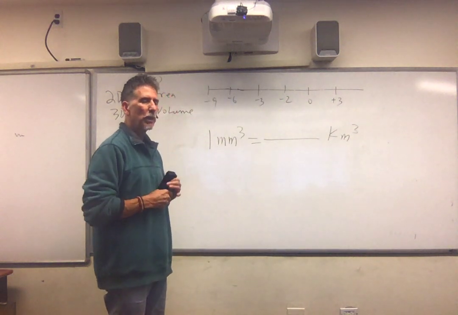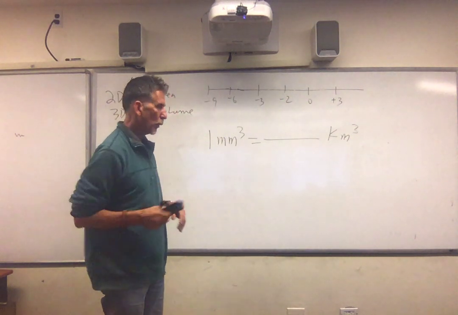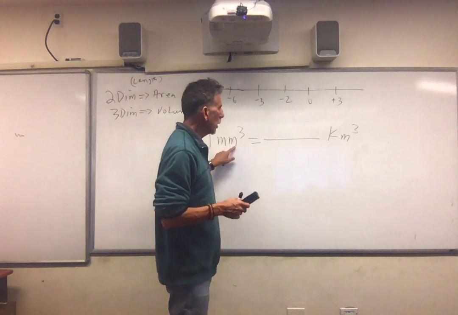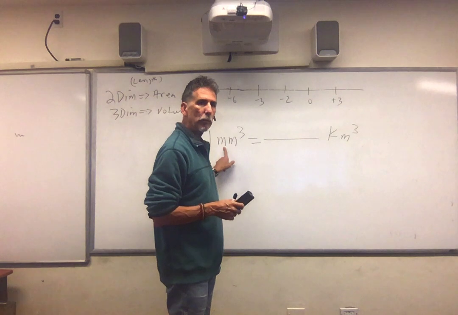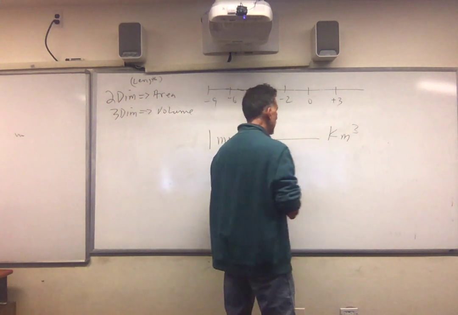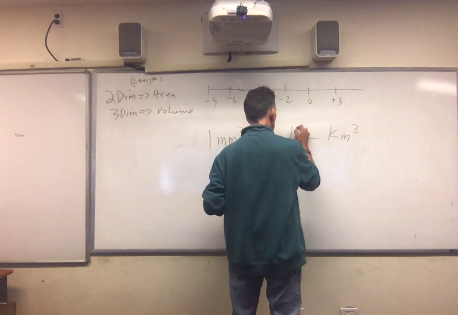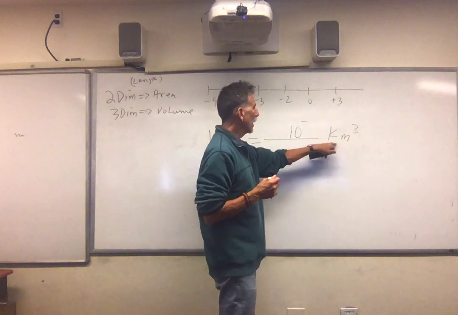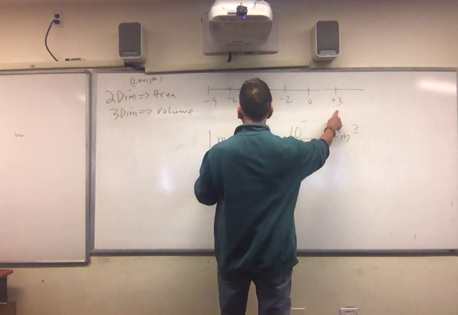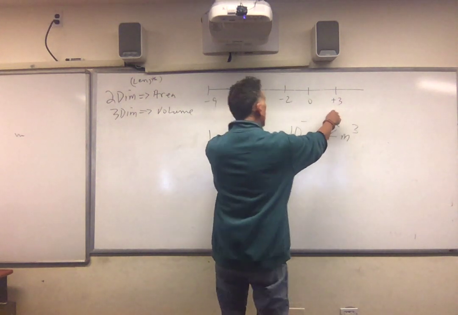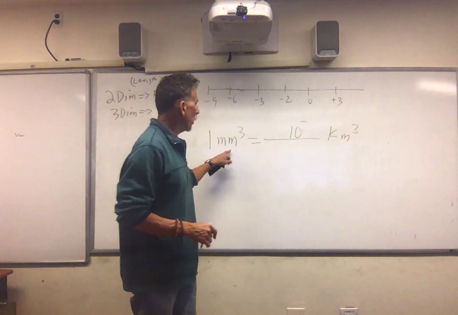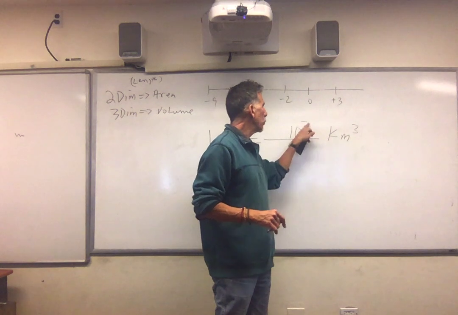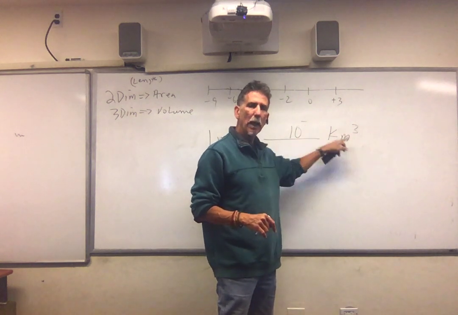Well, here we'll skip a step. I'm not going to write it out. But I will say 1 millimeter, 1 kilometer, this is bigger than that. Bigger is 10 to the negative power, remember? Bigger is negative. Kilometer is plus 3. Millimeter is minus 3. The difference is 10 to the 6th. 1 millimeter is 10 to the minus 6 kilometer.